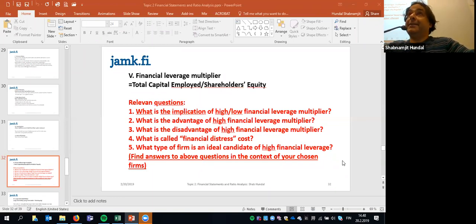AAA companies are reckoned as the safest companies, of course based on our assumptions. But they still have risk. Of course they have. At a given point of time there's no risk, but a risk may emerge in the future.